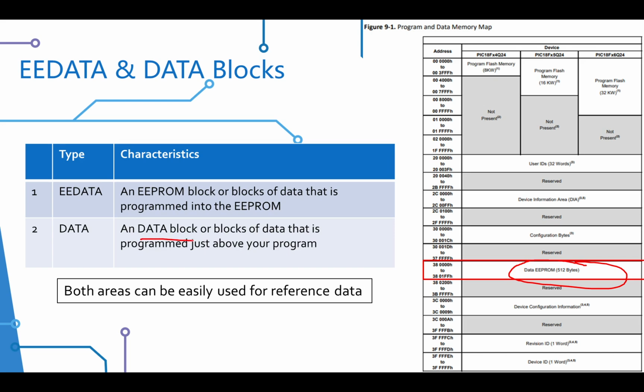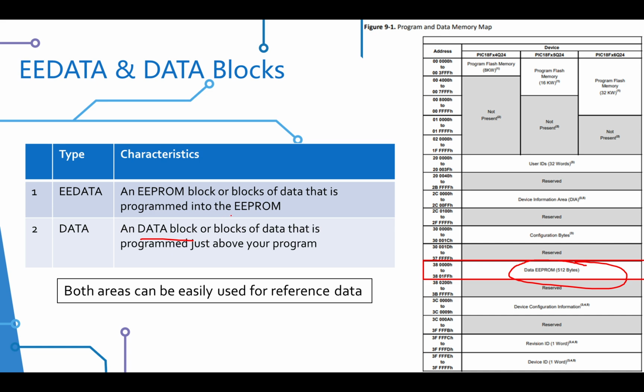So you've got a data block, which you can just put inside of your program memory, and it's automatically managed. So you don't risk overwriting your program. And we'll show you that as well. And both of these areas, EEPROM and data blocks, can be used for reference data.